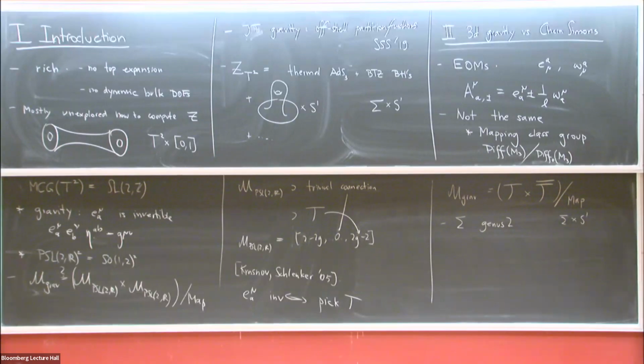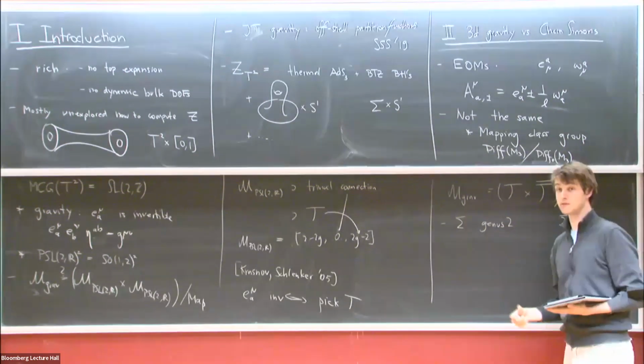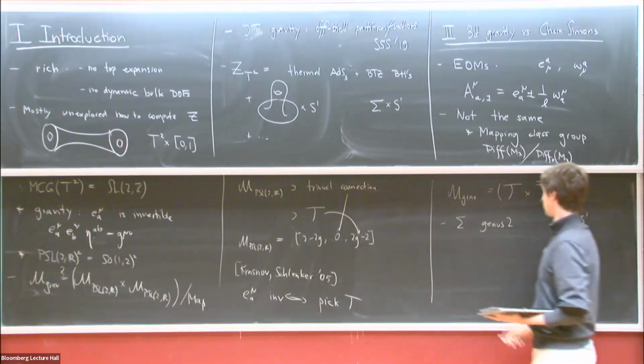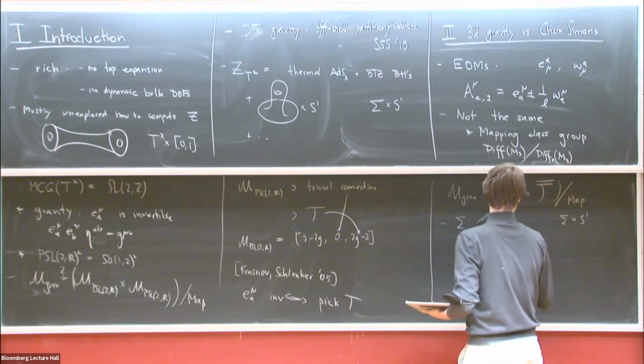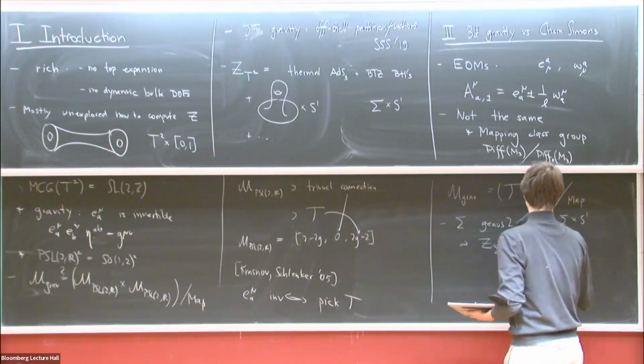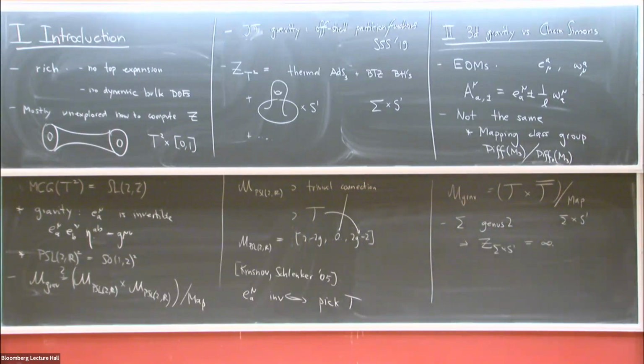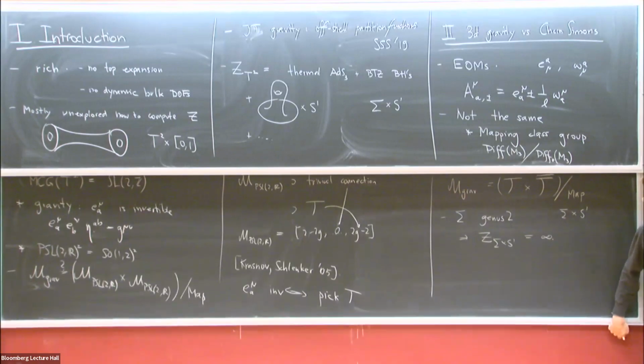Roughly speaking, every unit volume of phase space will give you one quantum state. So if you have a non-compact phase space, you will get infinitely many quantum states. And so the partition function on this genus 2 surface times S1 is simply infinite, because there are infinitely many states. That I find a little bit boring, and I don't really know what to do with this.